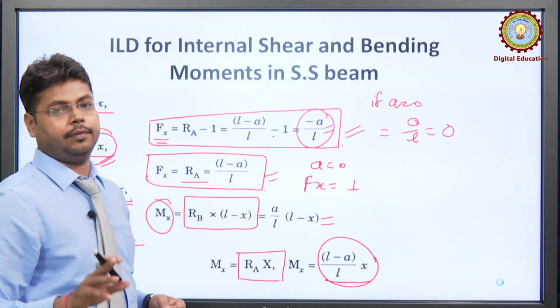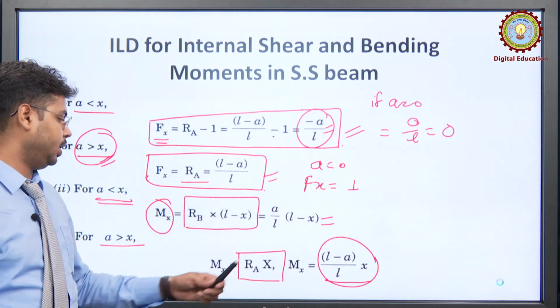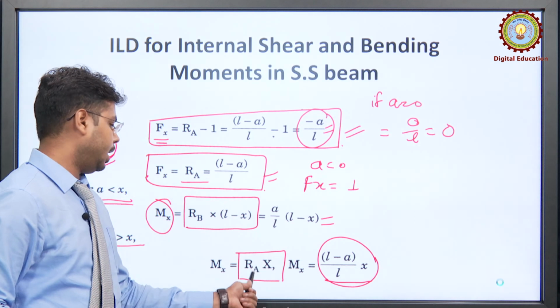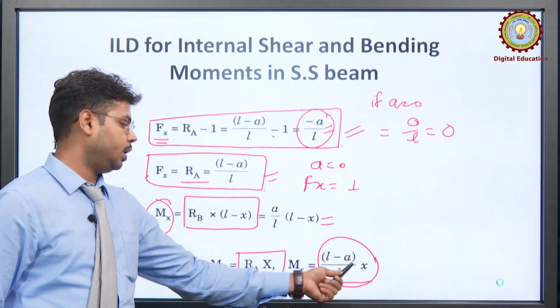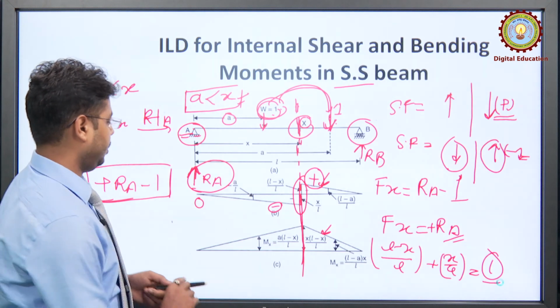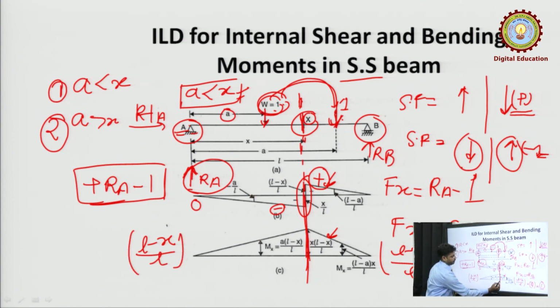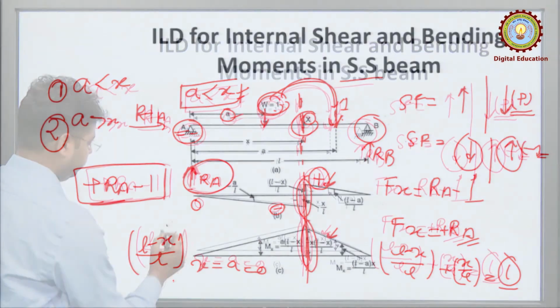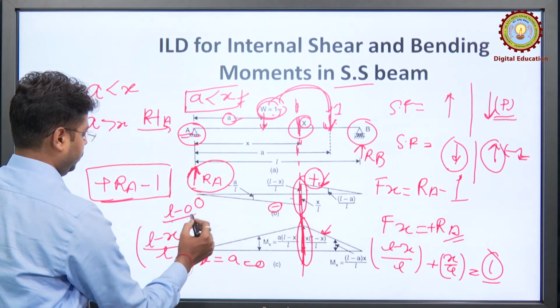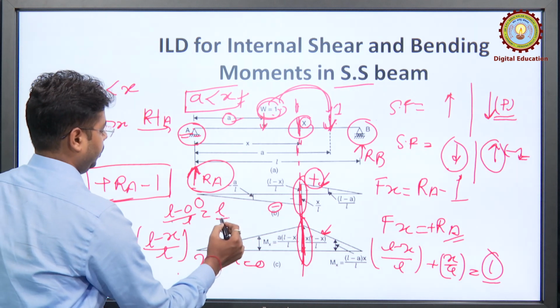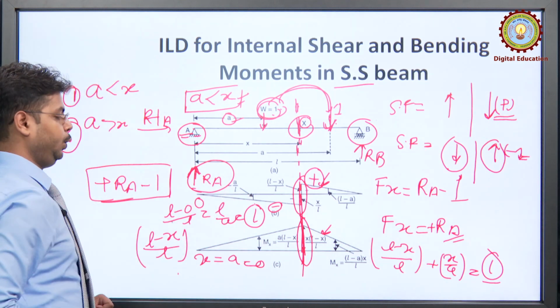Similarly, we are going to find a moment influence line diagram. Mx equal to Ra into x, that means (L minus a) upon L into x. This is the value of ordinate. When we put x equal to, here a is equal to 0, this value will come L minus 0 upon L, L upon L is equal to unity.